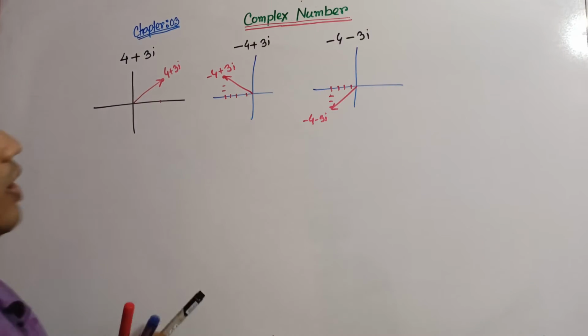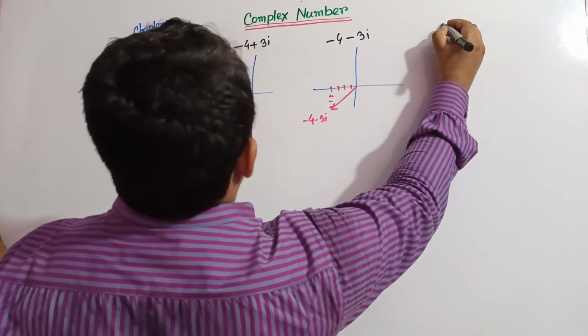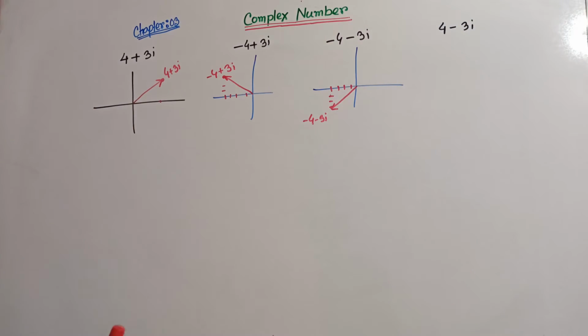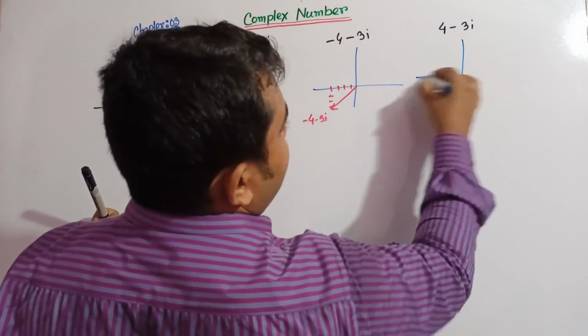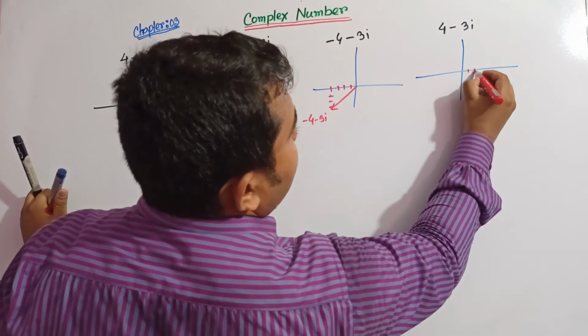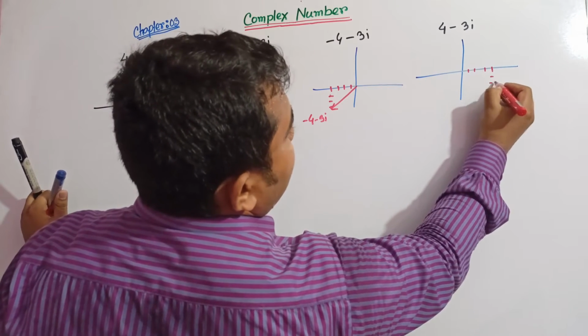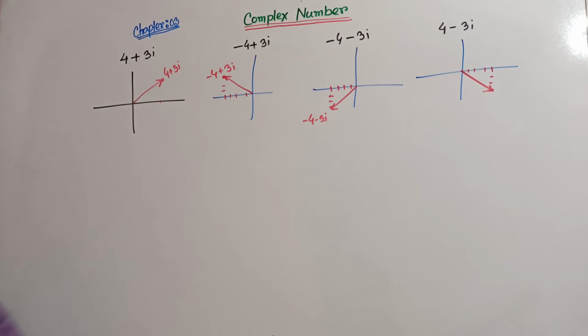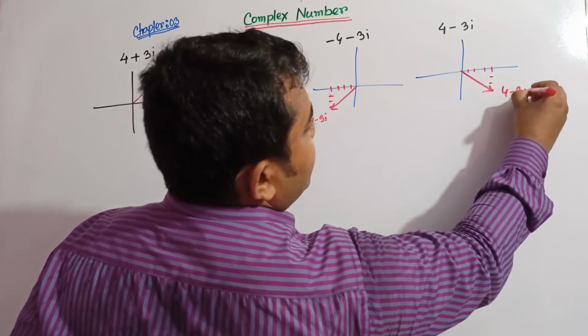And finally, where is 4 minus 3i? This figure can look like 4, 1 2 3 4, 1 2 3, and this is actually 4 minus 3i.